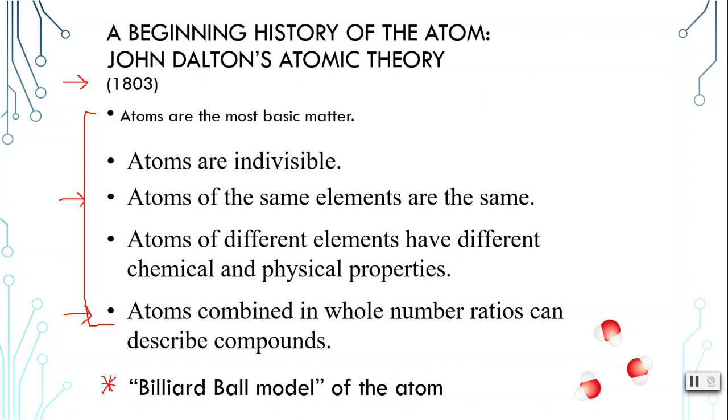When you think about a billiard ball, you think about something spherical and hard. There's not much definition to it. You can't really see what makes up the billiard ball. That's how John Dalton in the early 1800s visualized an atom: something spherical, hard, and uniform throughout. We will talk about other scientists in the next video that try to refine his billiard ball model.